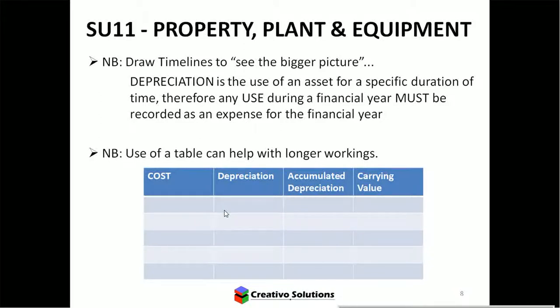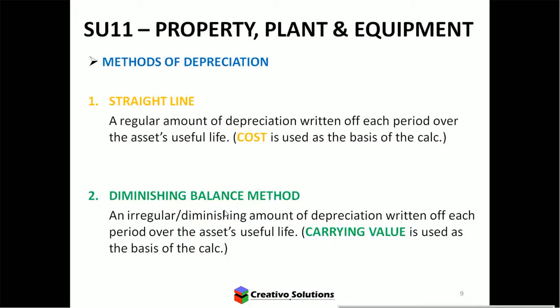If you've got a timeline, you can see everything. That's the approach I'm going to take when I show you how to do the past papers. When using a table, it does help. We're going to look at cost, depreciation, accumulated depreciation and carrying value for different assets using different methods. So what methods do we have? We've got two. This you probably recognize, right? Straight line, diminishing balance.